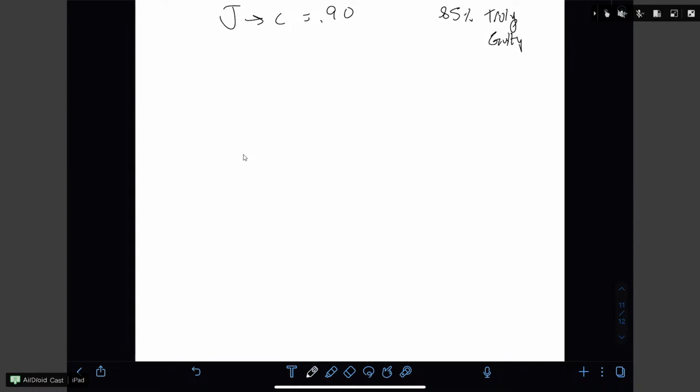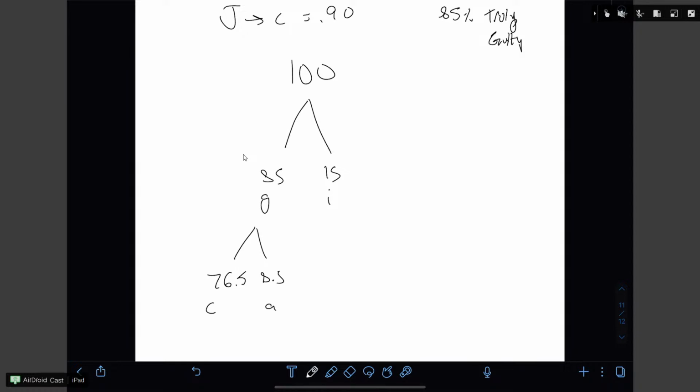So we'll start with our 100 people. 85 guilty, 15 not guilty. And then 90% of the 85 is 0.9 times 85, so 76.5 are convicted. And then the remaining 85 times 0.1, 8.5 are acquitted.